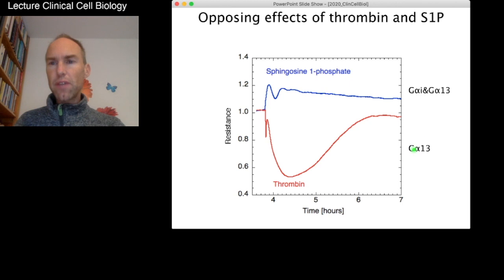Another interesting aspect is that we know that G-alpha I and G-alpha 13 are activated simultaneously. So what happens in the cells when these two heterotrimeric G proteins are activated simultaneously? Apparently, the net result is an increase in barrier strength. And so the question is, can we understand that?